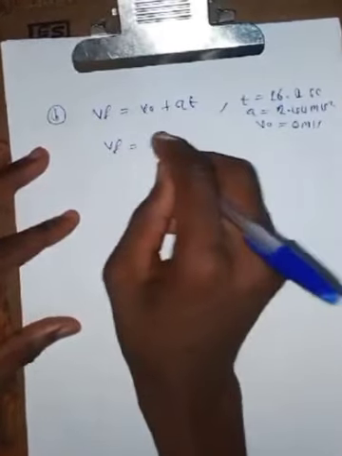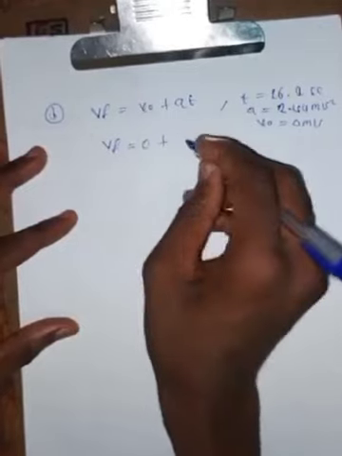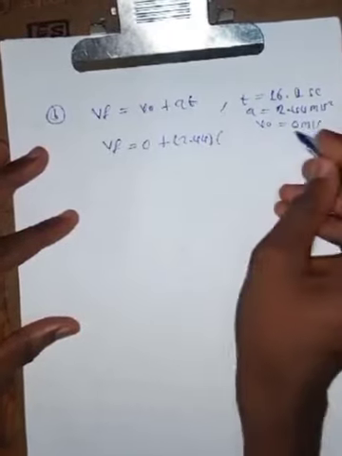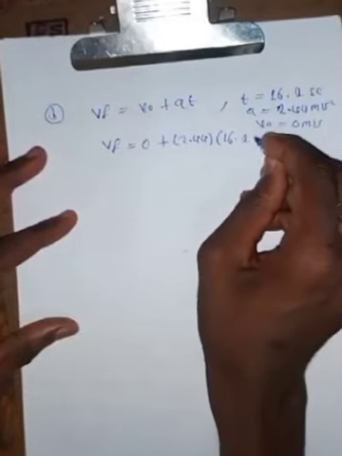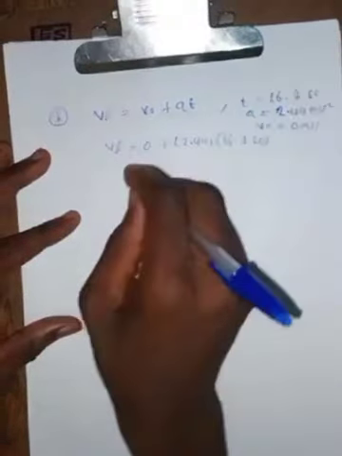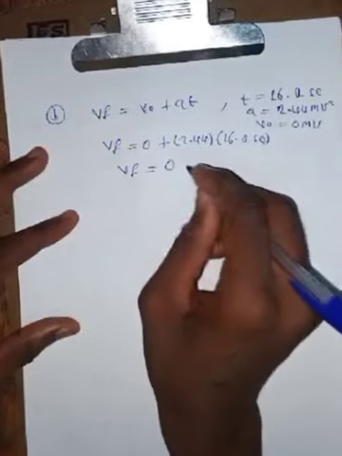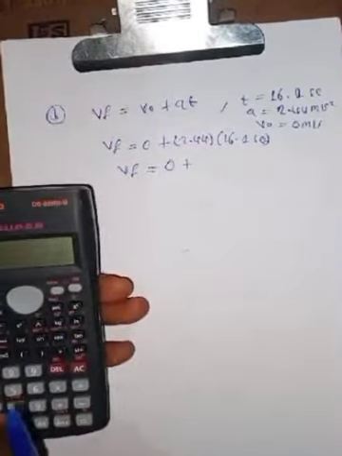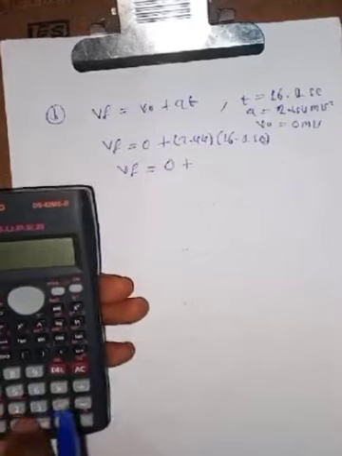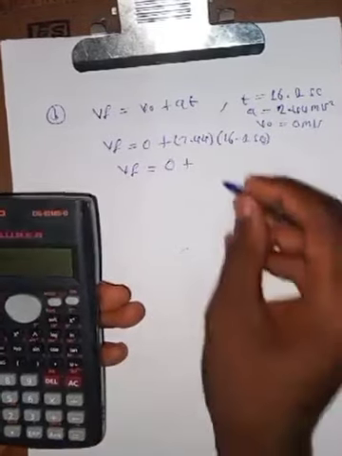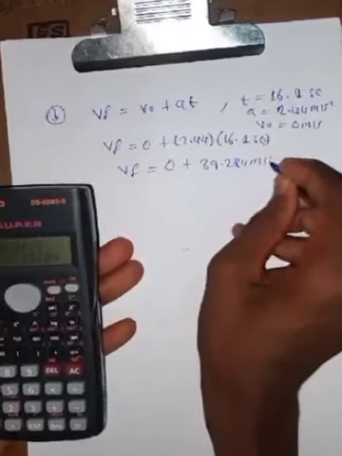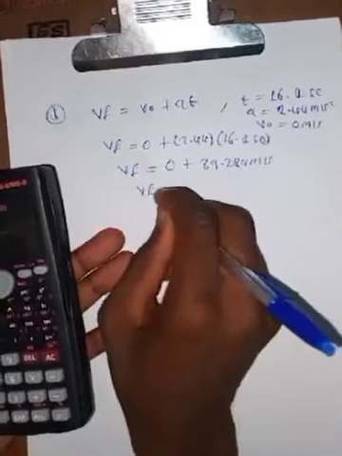So we have final velocity is equal to the initial velocity, which was 0, plus acceleration 2.44, multiplied by the time 16.1 seconds. Then velocity final is equal to 0 plus what are you going to get when we say 2.44 by 16.1? We have 39.284 meters per second.